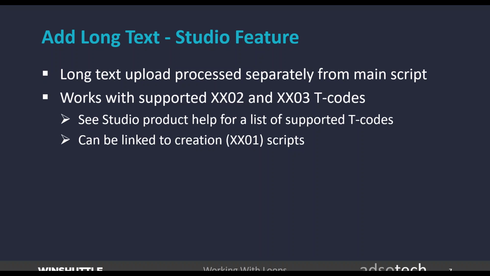We can then raise it as an improvement suggestion with Winshuttle, and hopefully they will add support for that T code in a later release of Winshuttle Studio. That's another reason why you want to keep your function module and your Winshuttle Studio up to date, because if there are new T codes that are supported, you will need to update all your components as well.